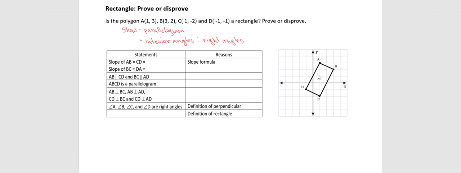So first, we need to calculate the slope of each side using the slope formula. The slope is calculated by using the formula rise divided by run. Let us start with side AB.